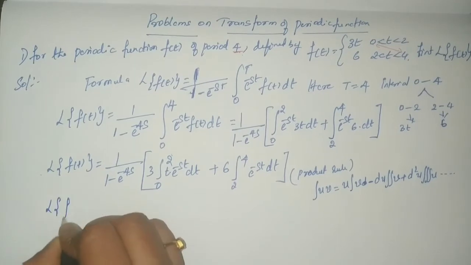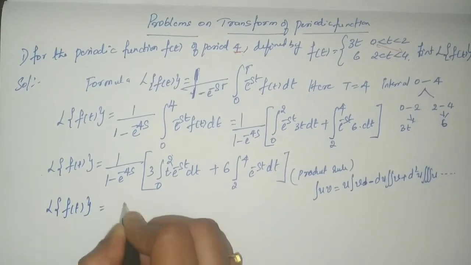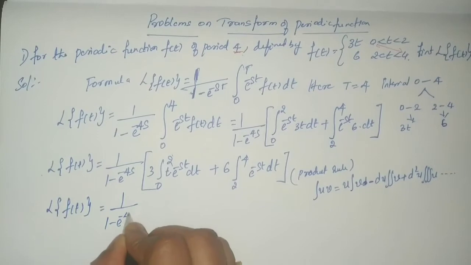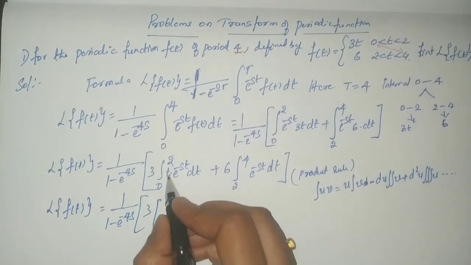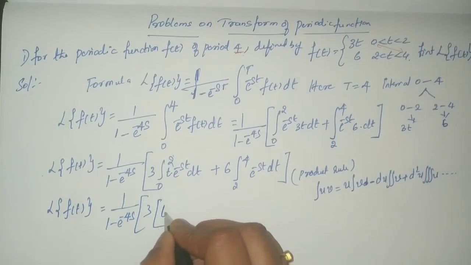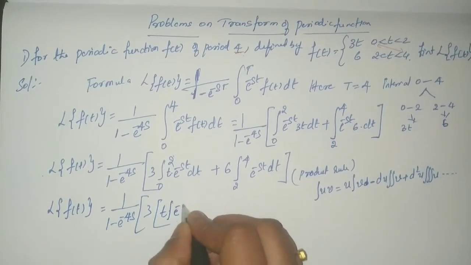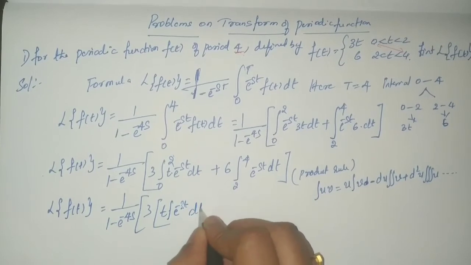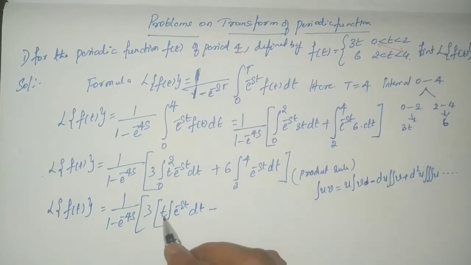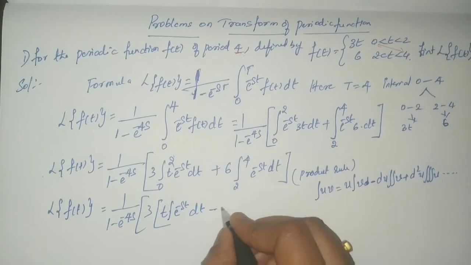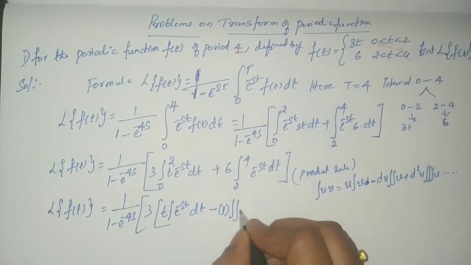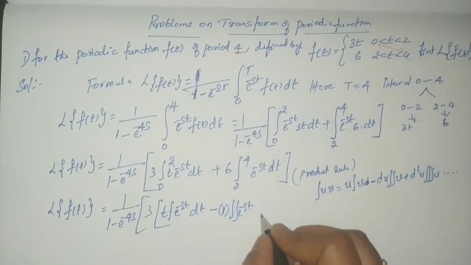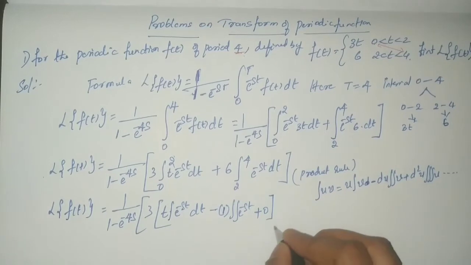So we have Laplace transform of f of t is equal to 1 by 1 minus e power minus 4s, 3. First term I am taking t. So it is t into integration of e power minus st into dt, minus differentiation of t with respect to t, which is 1, 2 times I have to integrate e power minus st. Obviously differentiation of the next term will be 0, that's it.